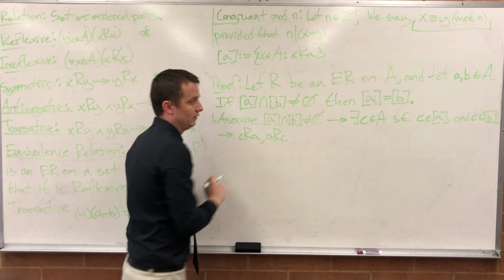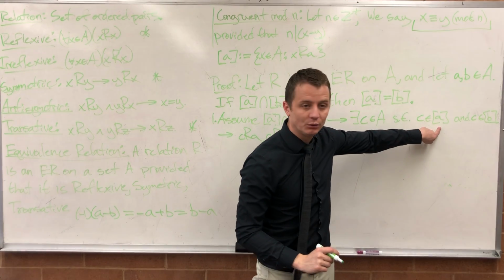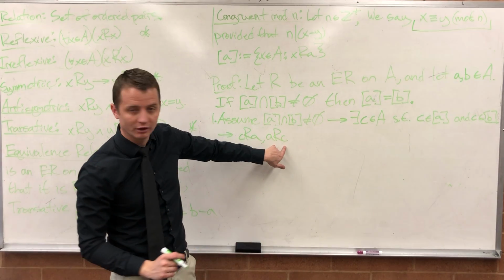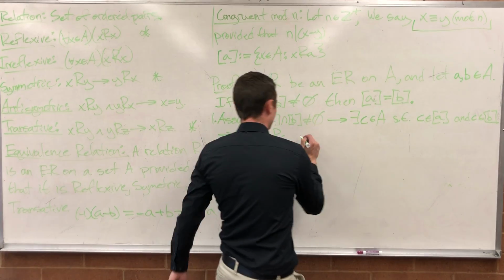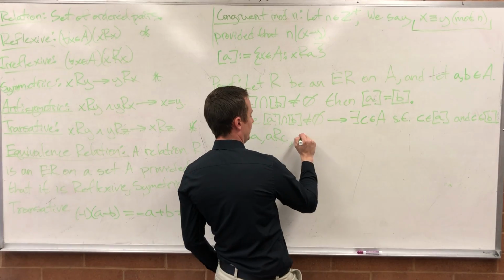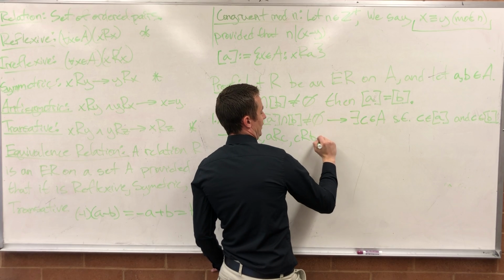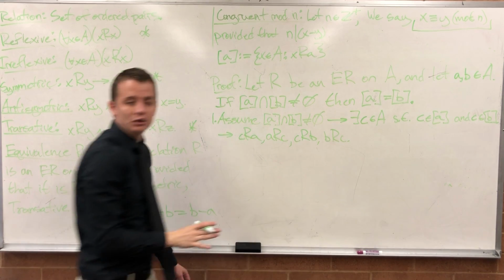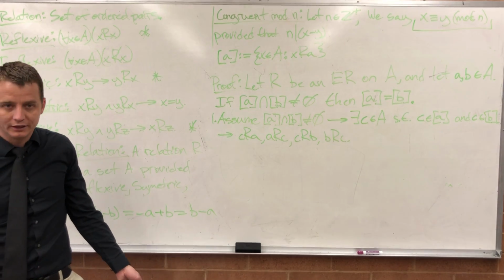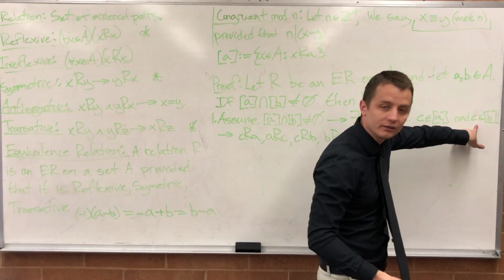It's symmetric, right? So if c is in A's equivalence class, those two are related to each other. And c is in B's equivalence class, so we know that c is related to B, and we also know B is related to c. I'm not sure which of this information we're going to need to use, but that's what we know from these two facts, just making it explicit.